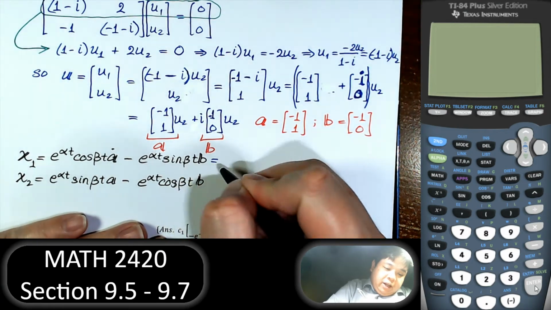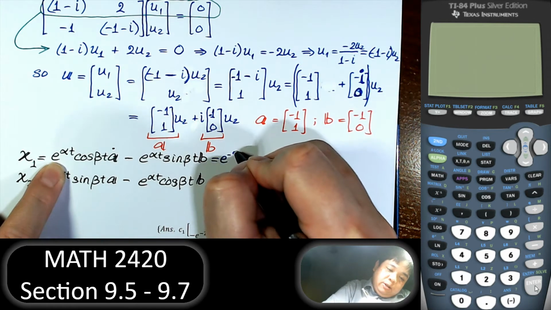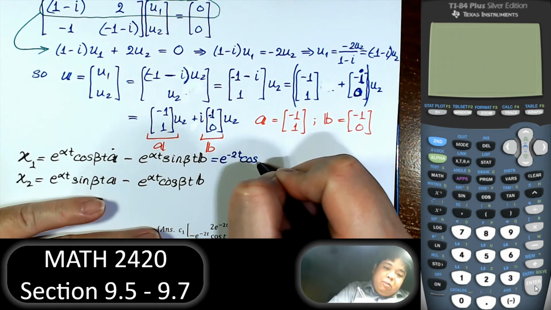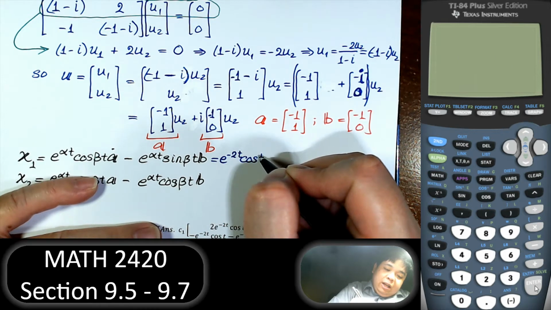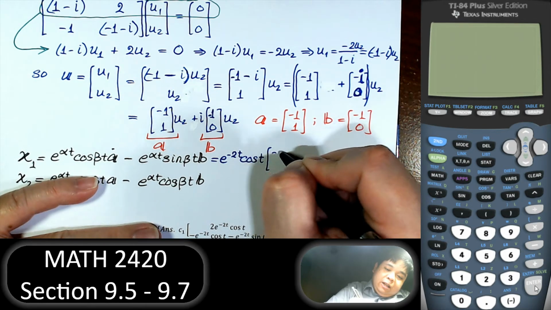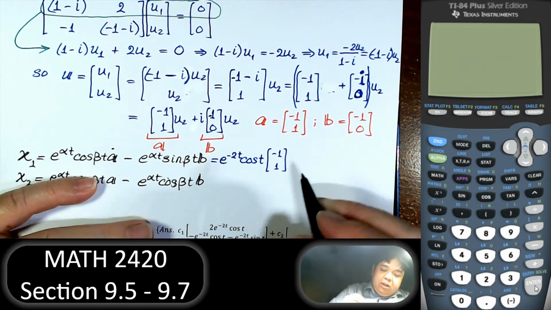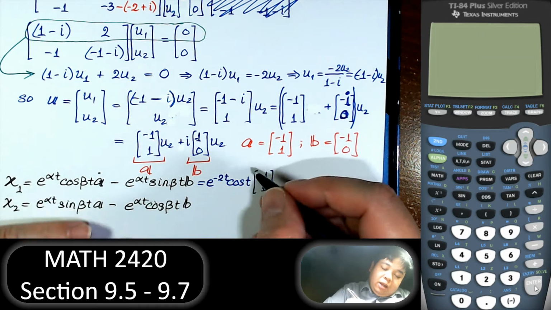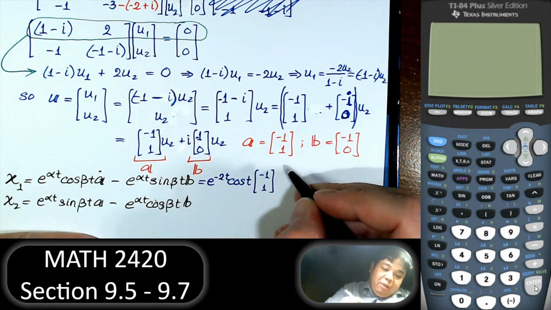So we have e^(-2t) cosine of t, beta is 1, and then A is [-1, 1]. By the way, this solution is different than what we have here, right? Worry about that later.